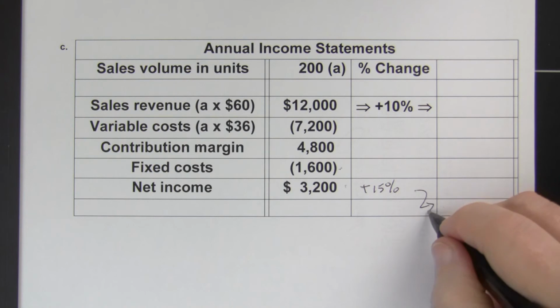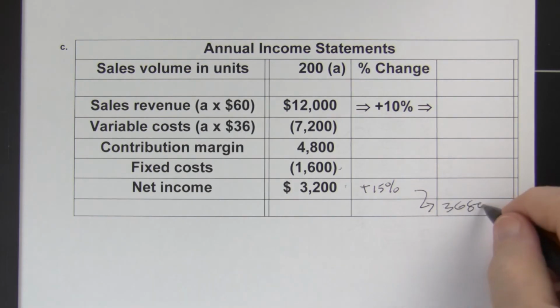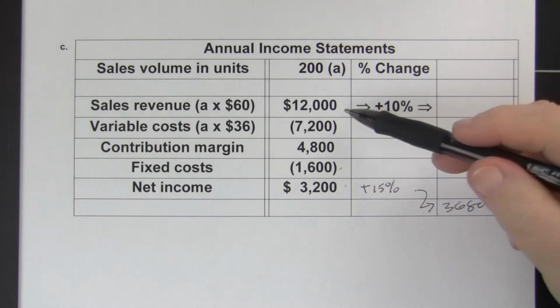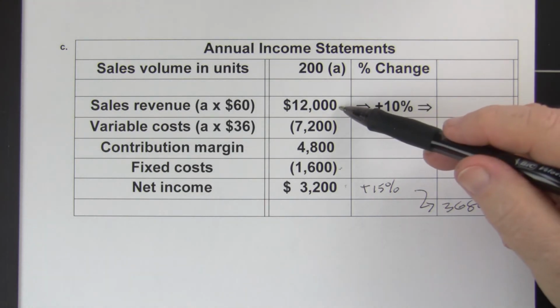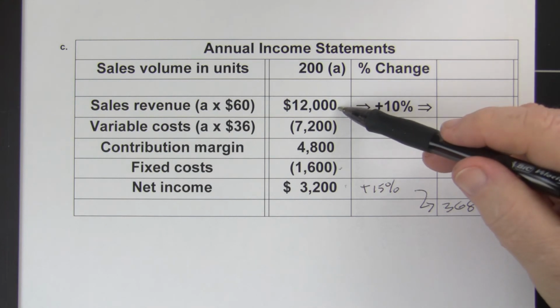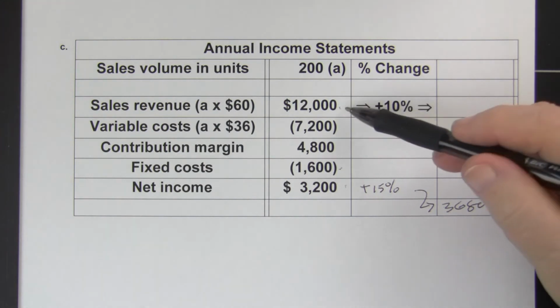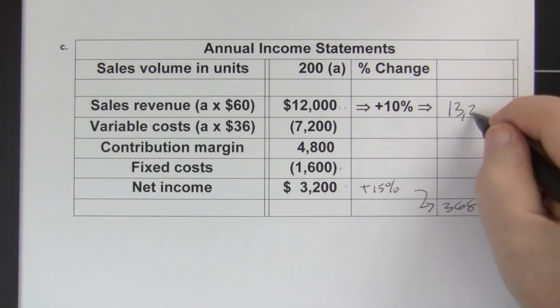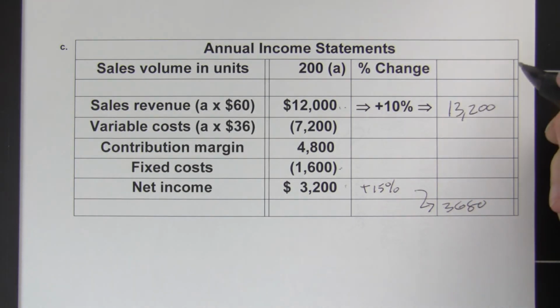That should be $3,680. Let's see if it is. 10% of 12,000 is 1,200. Add 1,200 to 12,000, or multiply by 110%. We come up with 13,200.